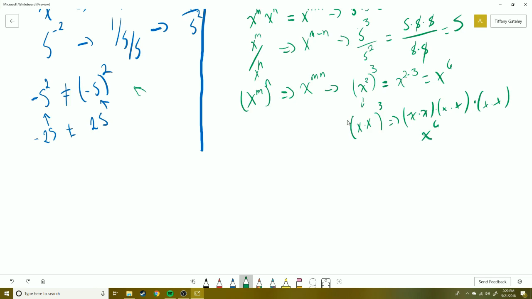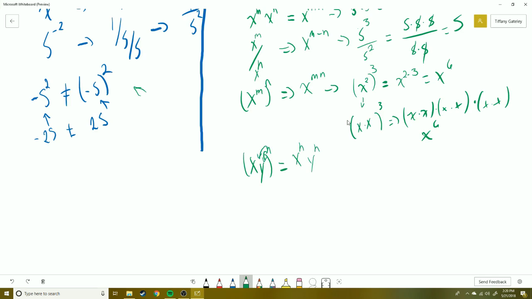And then we have x y to the n. So this is if you have 2 different bases raised to the same exponent. You have x to the n, y to the n. So your exponent goes to both of those.